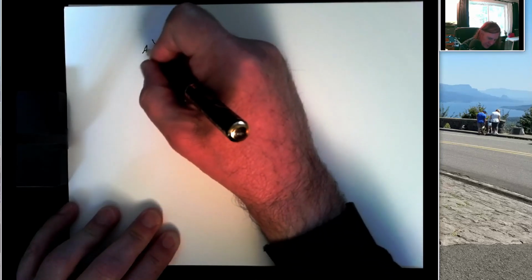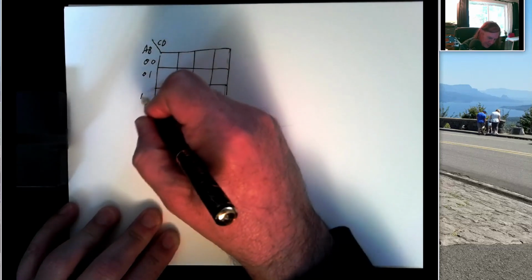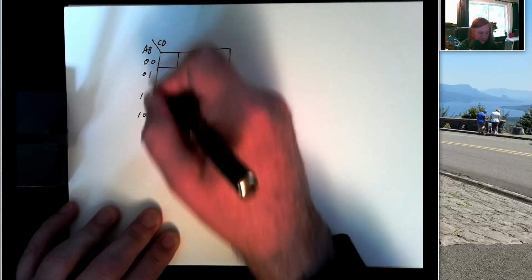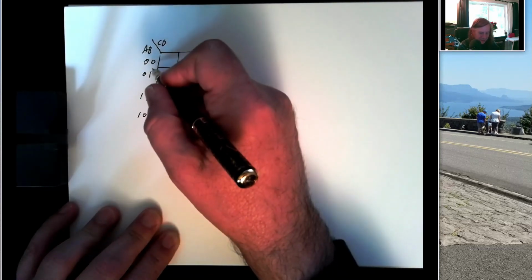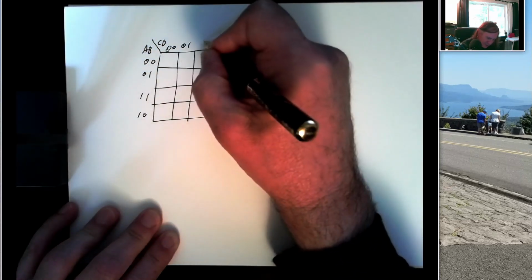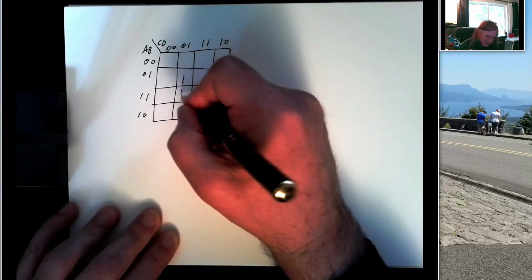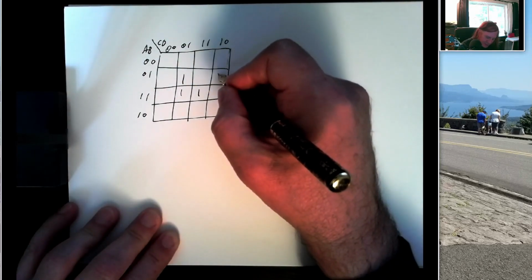So I'm going to put AB over here and CD over here, and we're going to use this funny ordering for labeling each row, where we go from 0, 1 to 1, 1, and same thing going across. And let's just suppose we've got some entries like this.